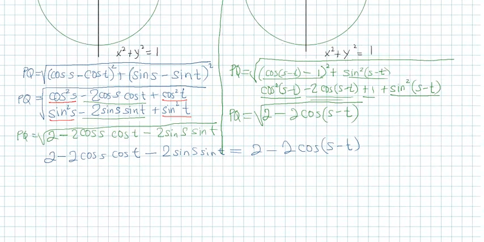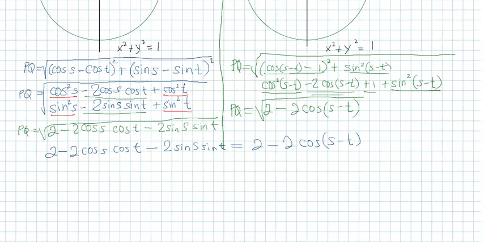Now I can do something drastic and say, hey, I can get rid of this one and I can get rid of this one. Just subtract 2 from each side, and we have that. And what else can I do? Well, over here I can factor out the 2.